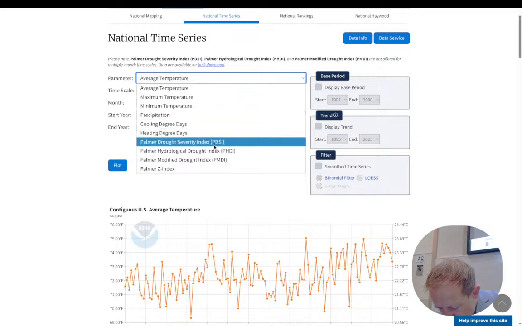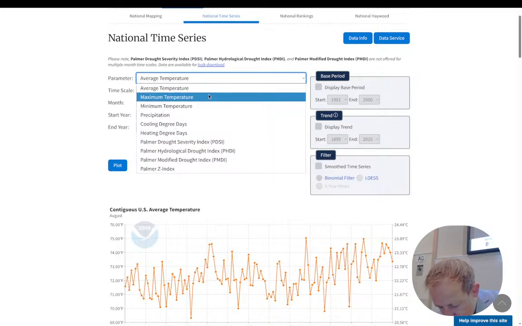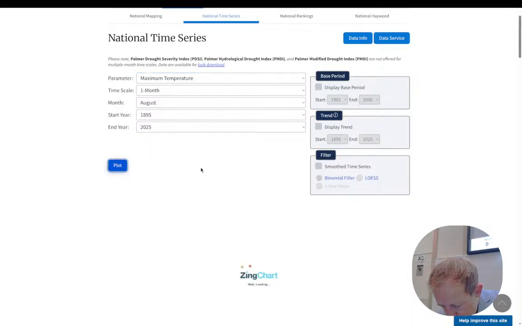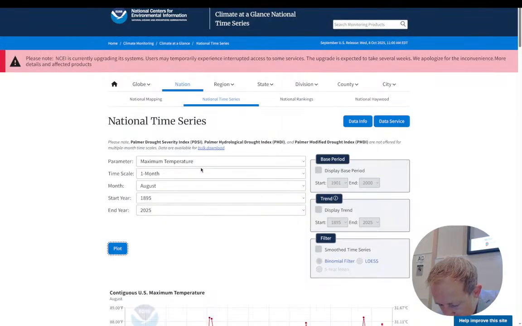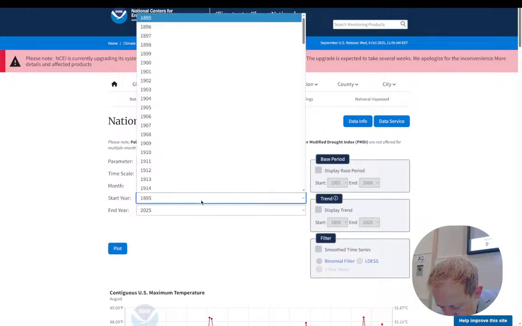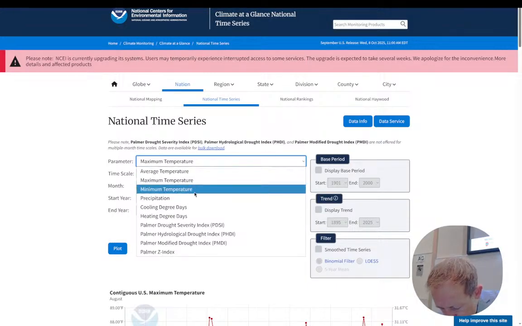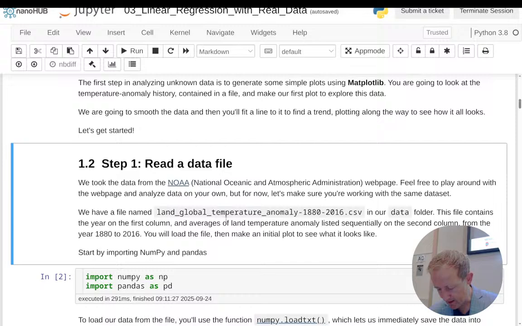I'm trying to find if they still have a description of temperature anomalies, because here's average temperature, there's max, but where's the temperature anomaly? I don't know. Anyway, sorry, that was just a side thing.